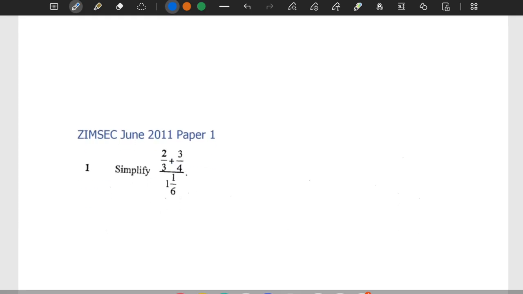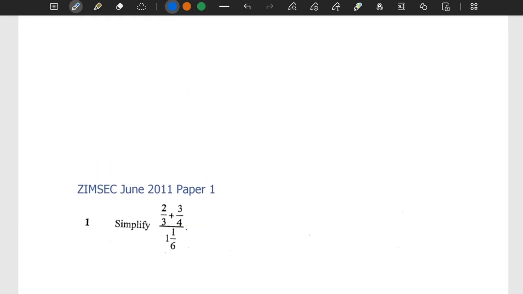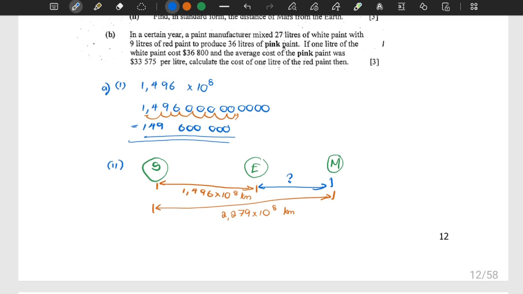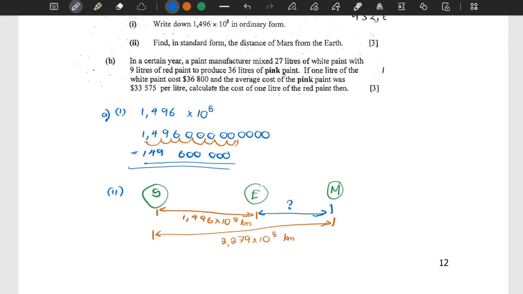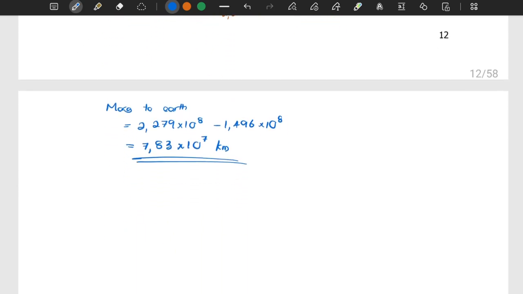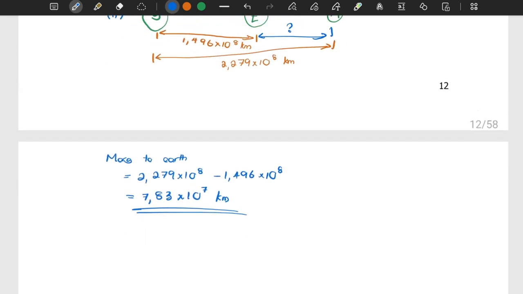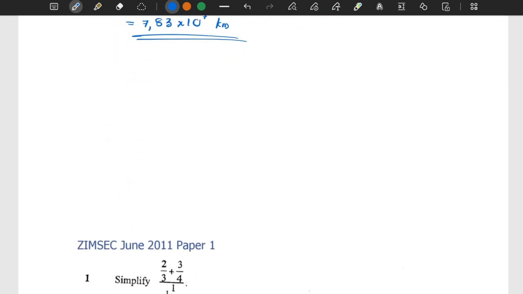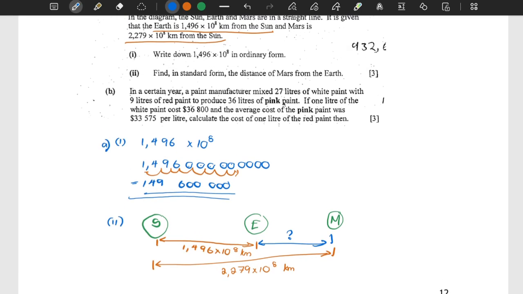Great. Then going back, oh yes, it says now we're going to part B. It says that in a certain year, a paint manufacturer makes 27 liters of white paint with 9 liters of red paint to produce 36 of pink. 27 plus 9 is going to give you 36.